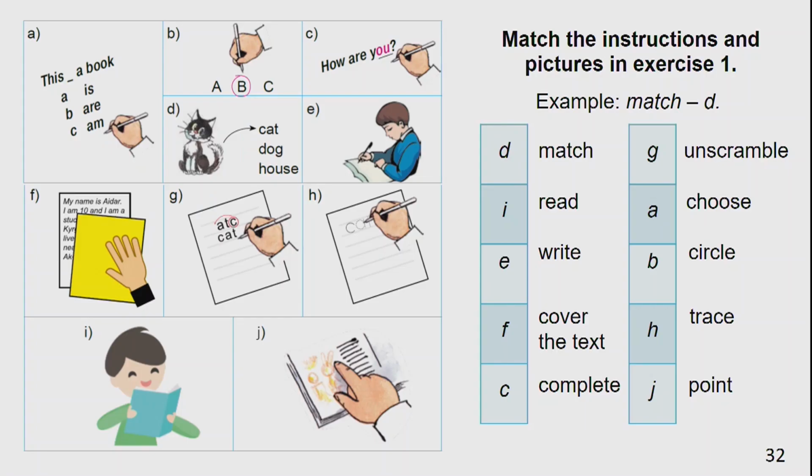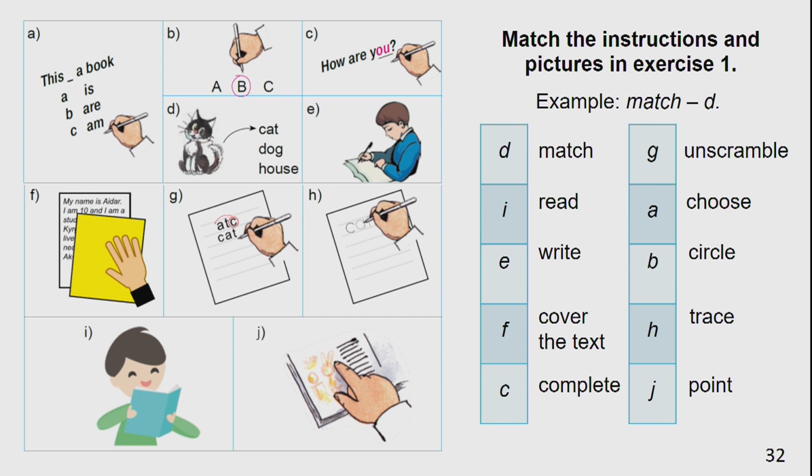Match, picture D. Read, I. Write, E. Cover the text, F. Complete, C. Unscramble, G. Choose, A. Circle, B. Trace, H. And point, J.